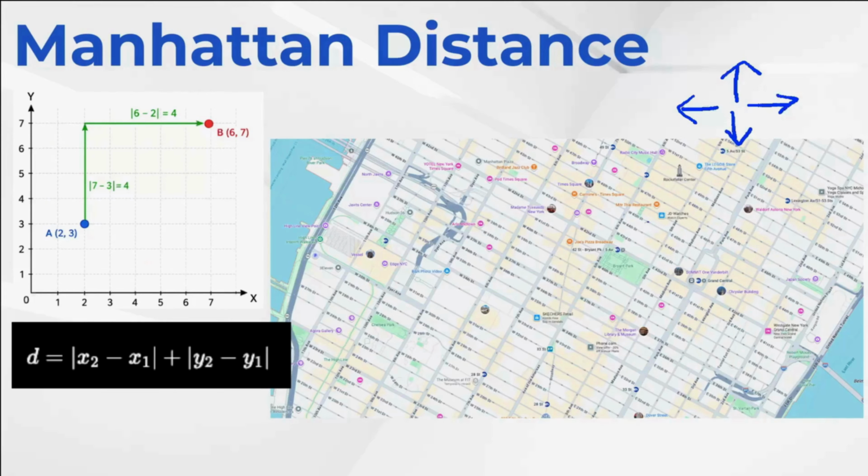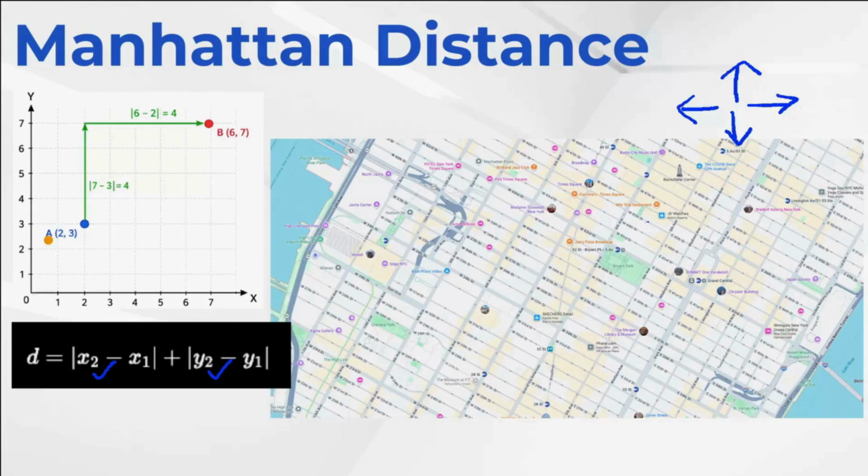If I have point A and point B, and I have to move from point A to point B in Manhattan distance, this distance is given by the summation of modulus of x2 minus x1 plus modulus of y2 minus y1. So we have to take the modulus of x2 minus x1, take the modulus of y2 minus y1, and then add these two numbers to get the Manhattan distance.